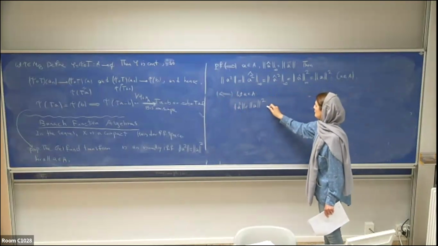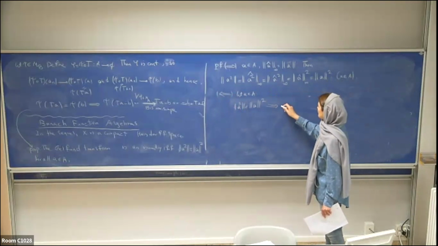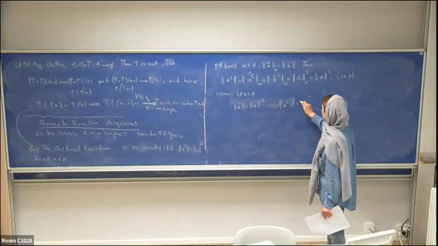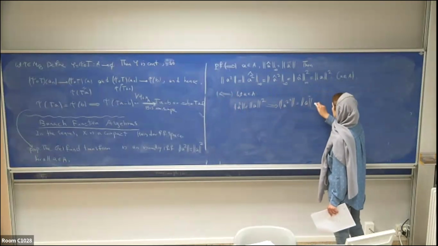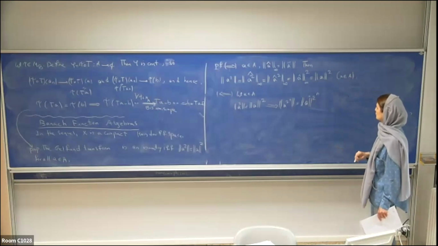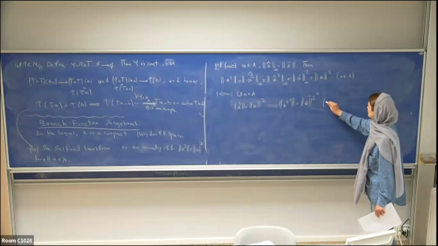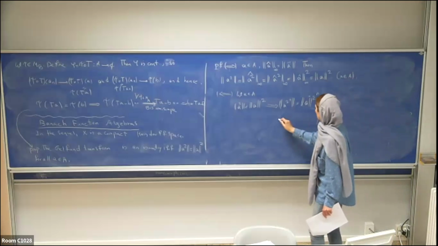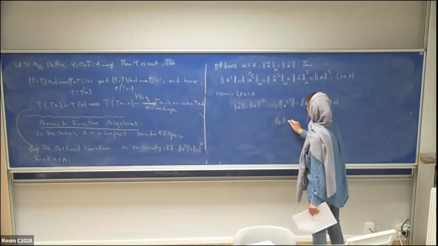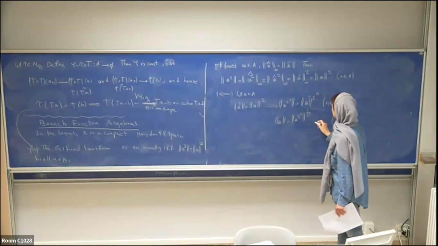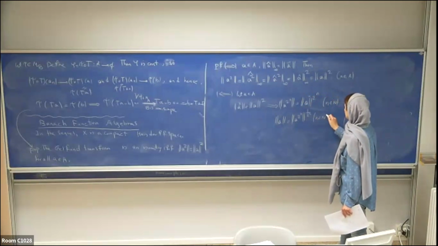And then by induction, we can say that the norm of A to the 2 to the N is equal to the norm of A power 2 power N. And then the norm of A is the norm of A to the 2 to the N, to the power 1 over 2 to the N. Just take a limit.